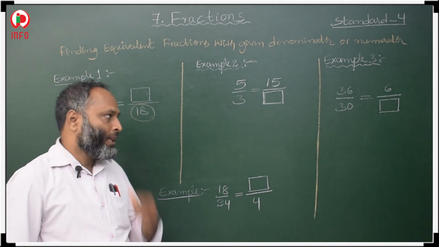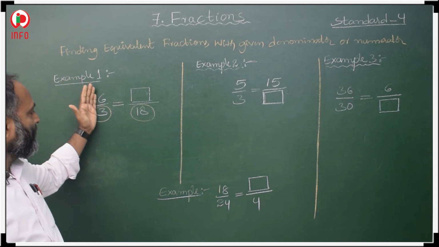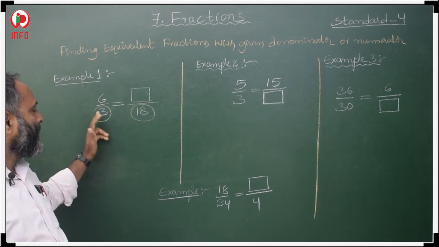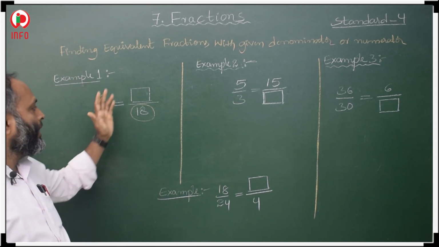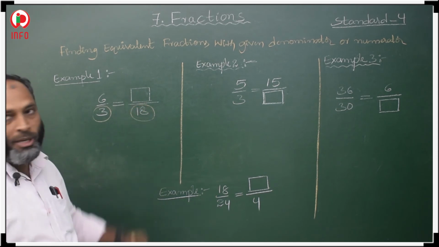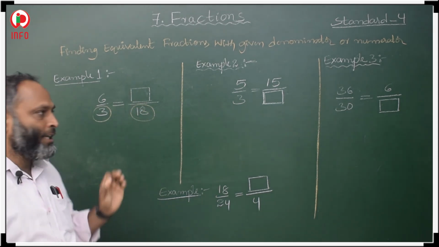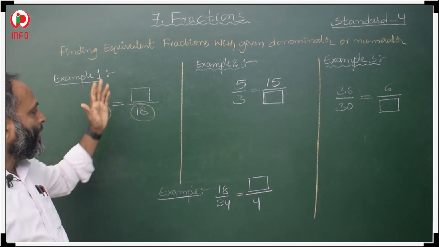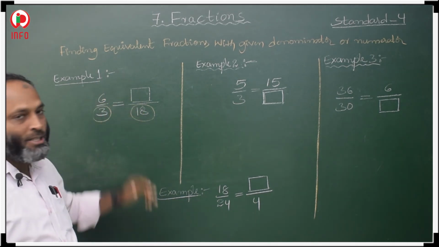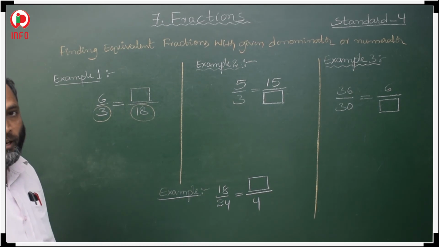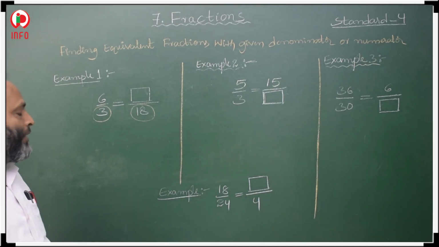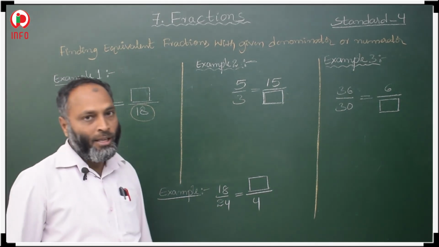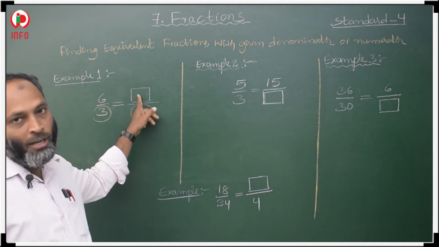Listen carefully. If the given fraction's denominator is smaller and the unknown fraction's denominator is bigger, then we have to find a bigger numerator.